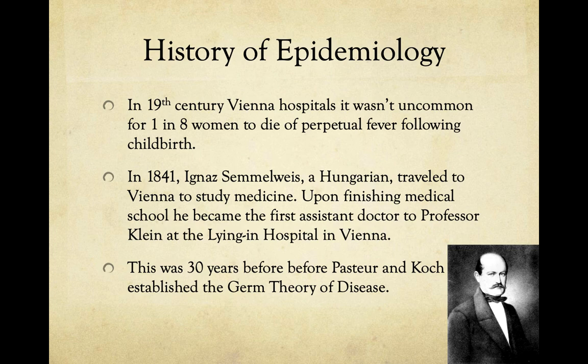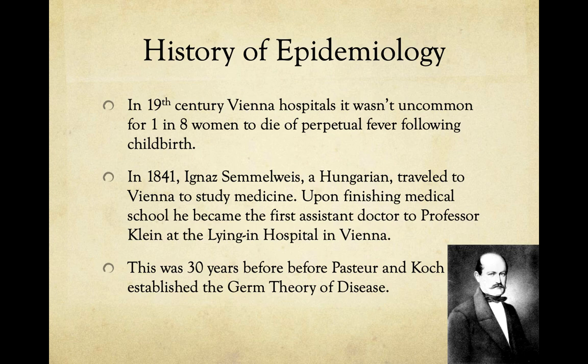You can get it through other ways as well, like through a cut or something like that, and that's how his friend got it. So he introduced the bacteria from the dead autopsy patient. He cut his finger. The bacteria, or toxin, whatever it was, was introduced to his friend's body, and his friend ended up dying of puerperal fever.